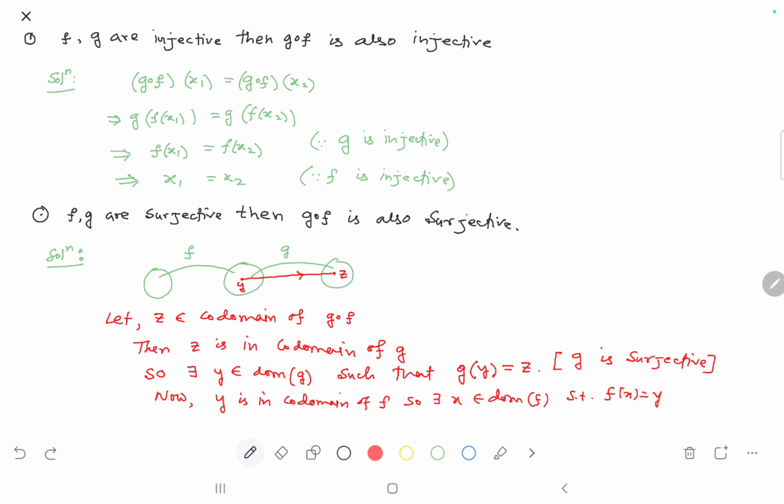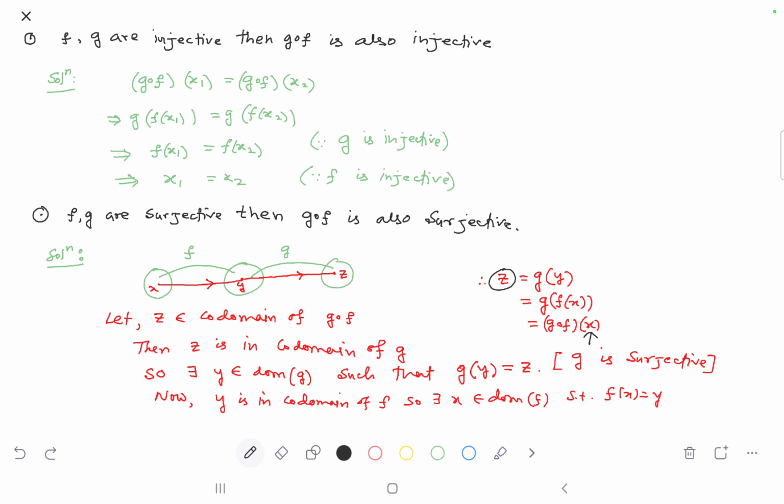That we can guaranteedly say. So x maps to y. Then z equals g of y, which is g of f of x. So we are getting g composition f of x. This means z has pre-image x in the domain of g composition f. So it is surjective. The composition of two surjective functions is surjective.